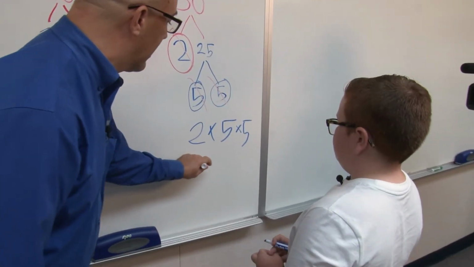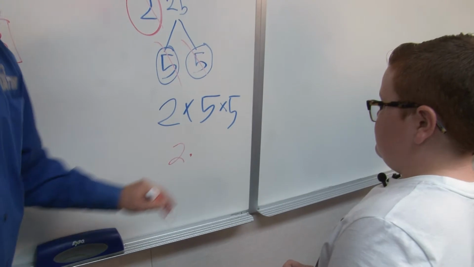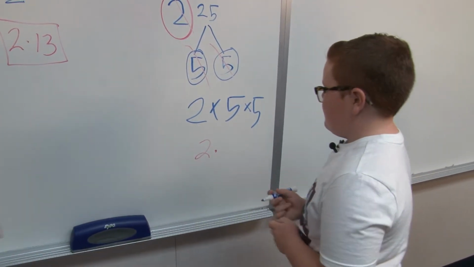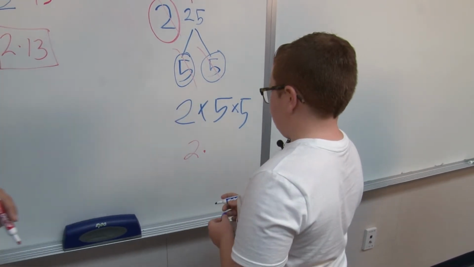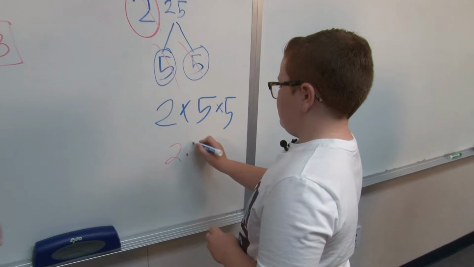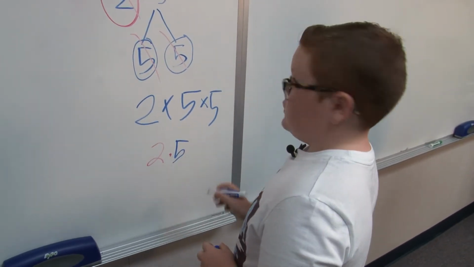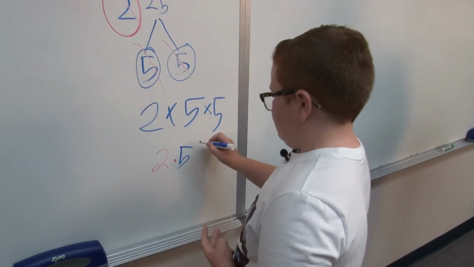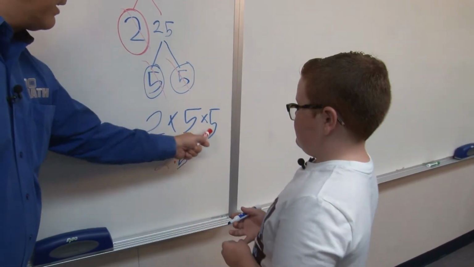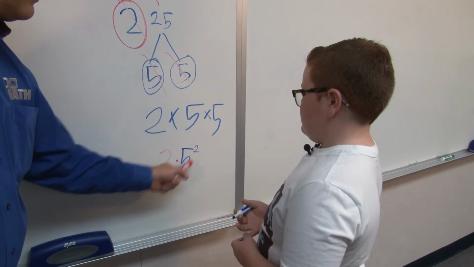We know the 2 is going to stay like that. So what's the next number? Because we have our 5s, right? 10? Well, that's if you added them. But let's go ahead and write our 5. And how many are there? 2. So what's the exponent going to be? Perfect. Because we know 5 times 5 is 25 and 5 squared is 25, right?